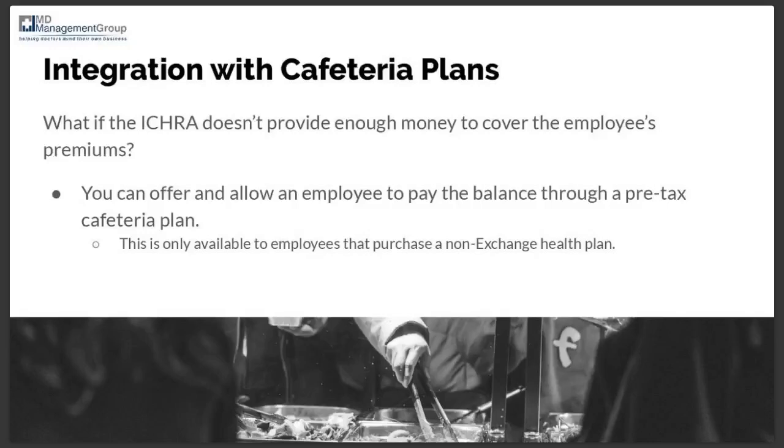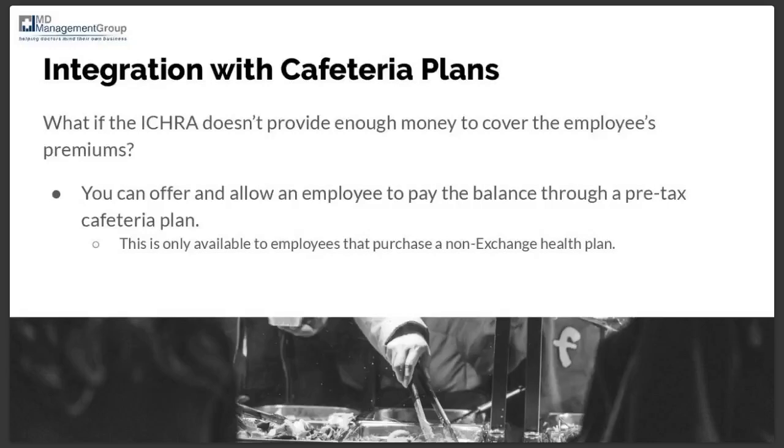But if the ICHRA doesn't provide enough money to cover your employees' premiums, let's just say you decided that you were going to give every employee, regardless of whether they're full-time or part-time, the ability to participate in your ICHRA, and you are going to limit that to $5,000.